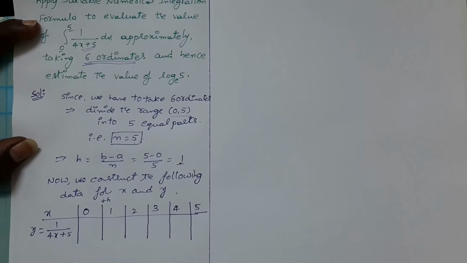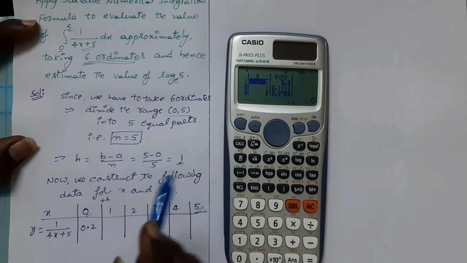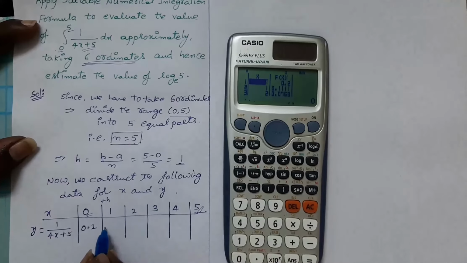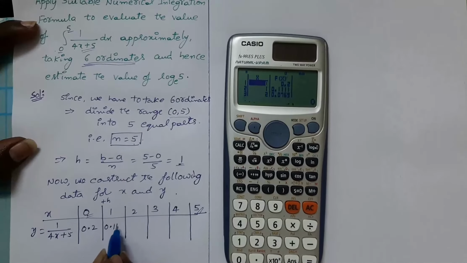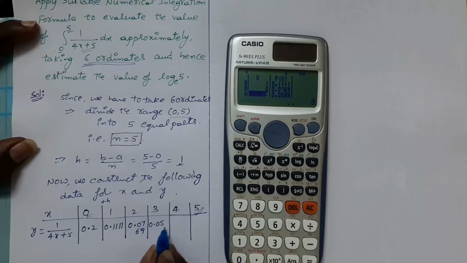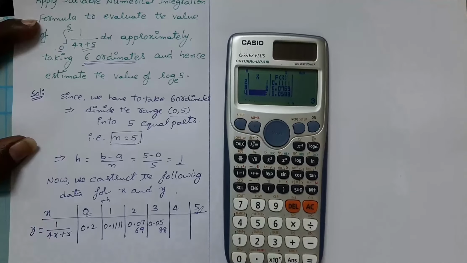So at 0 it is 0.2, at 1 it is 0.1111, and scroll down. At 2 it is 0.0769. At 3 it is 0.0588.